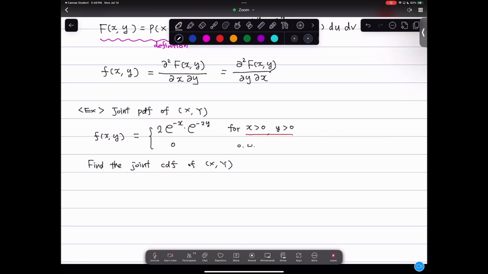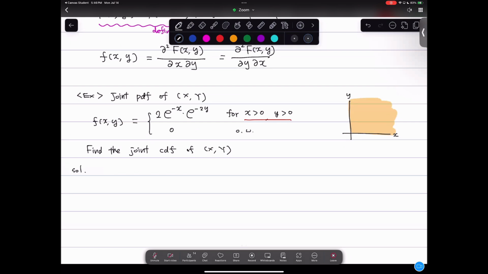Here are my x and y axes. So my support must be all of this region, something over here, both going to infinity. We have all this region, and I have my density over that region. So let's find the joint CDF.